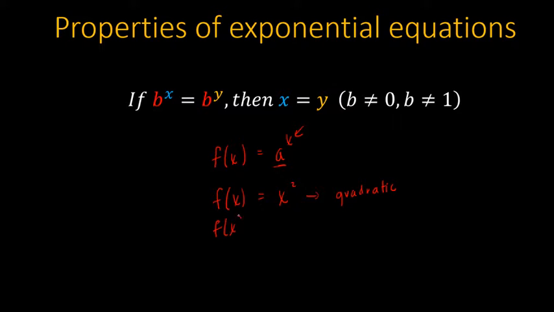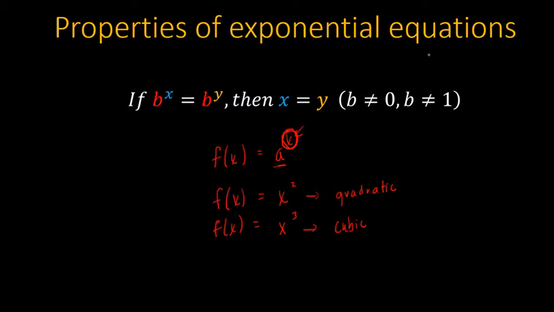And you've seen things that look like f of x equals x cubed, but again, you know that this is called a cubic equation. In an exponential equation, notice that the variable is in the exponent, and that's what separates that class of functions. So we're going to be dealing with exponents that have variables in them.